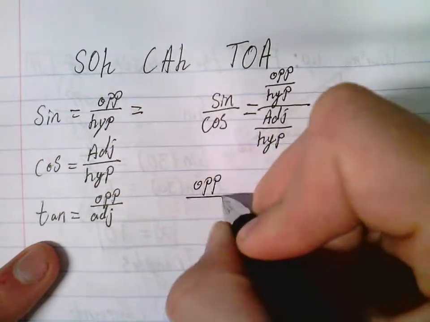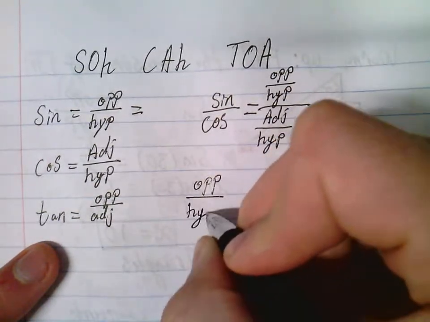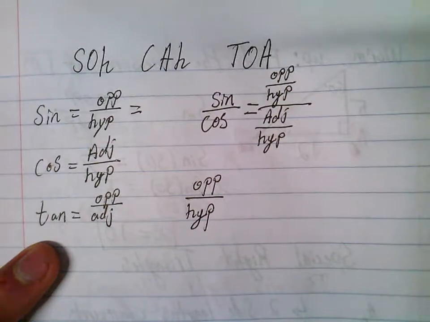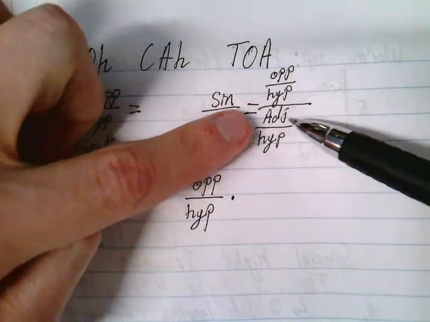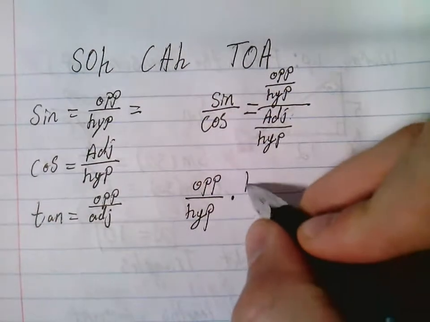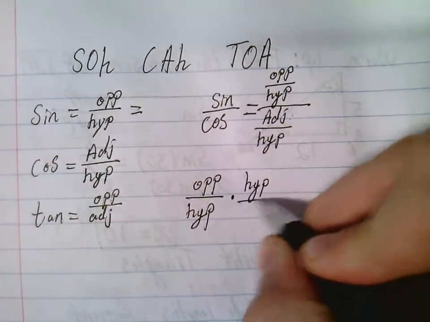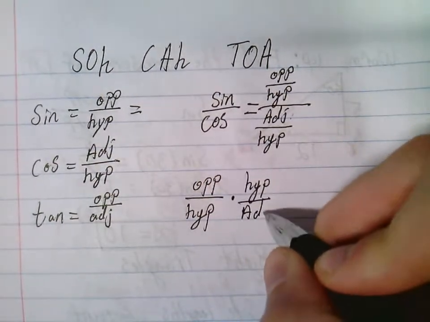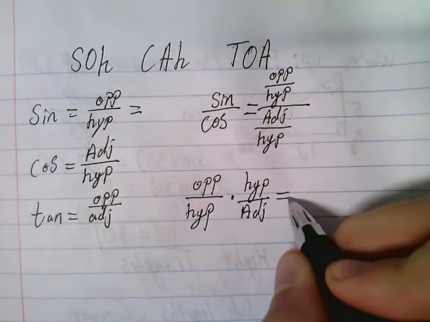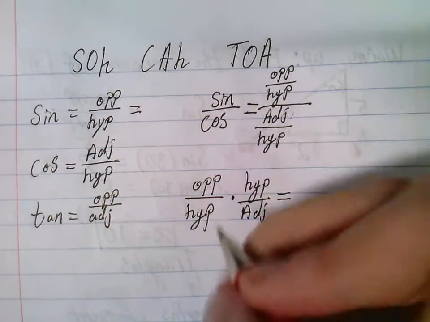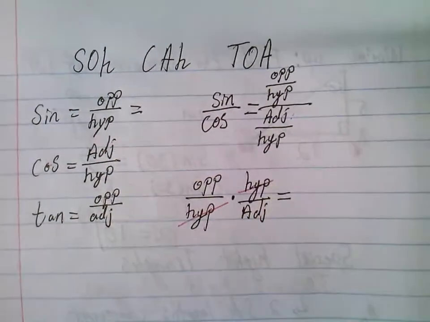opposite over hypotenuse times, I multiply by the second one, but I flip it upside down, hypotenuse over adjacent. Well, if we were to multiply across here, we would see that these hypotenuse actually cancel out.